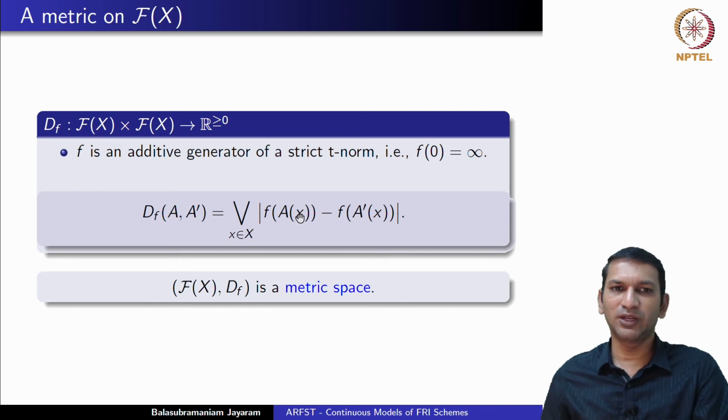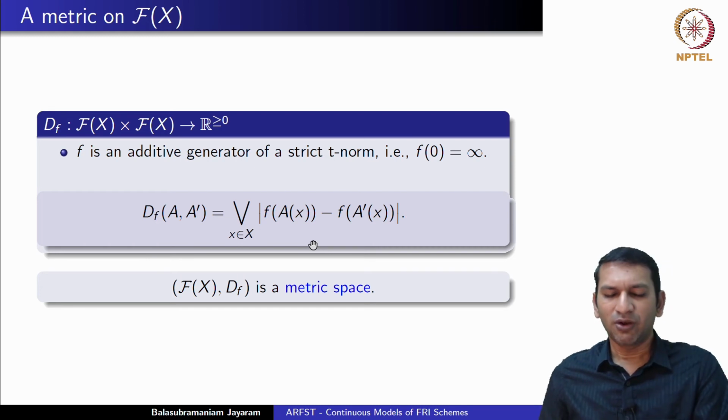Then every one of those values is going to be 0, and because of mod and strict monotonicity and continuity of f, we see that a(x) has to be equal to a dash(x). Similarly, symmetry is clear. The triangle inequality follows from the triangle inequality of the mod function. So on F(X), d_f is a metric.